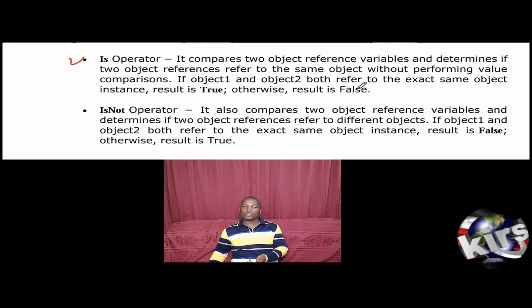Otherwise, the result is false. The IsNot operator also compares 2 object reference variables and determines if 2 object references refer to different objects. If object 1 and object 2 both refer to the exact same object instance, then the result is false. Otherwise, the result is true.